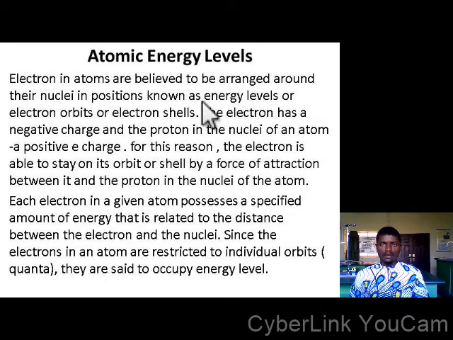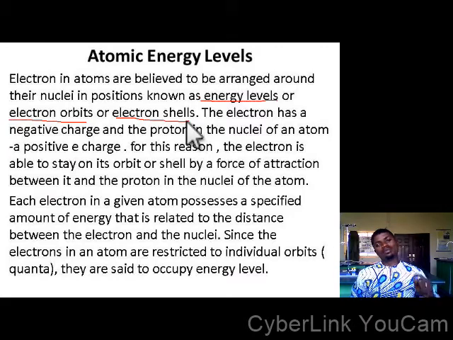So here, energy level, electron orbits, electron shells mean the same thing. And so the electron has a negative charge and the proton in the nuclei of the atom has a positive charge. You all know of that.